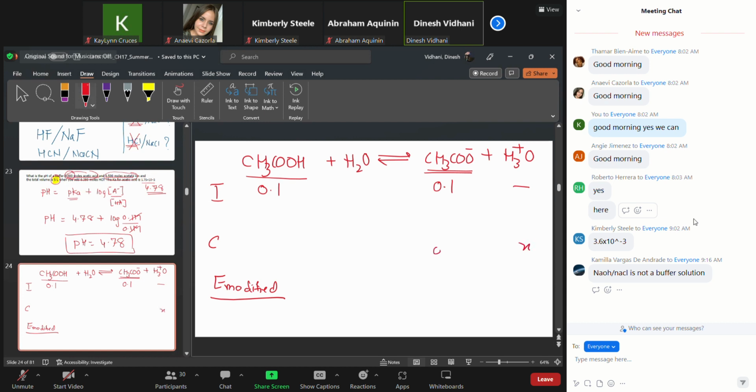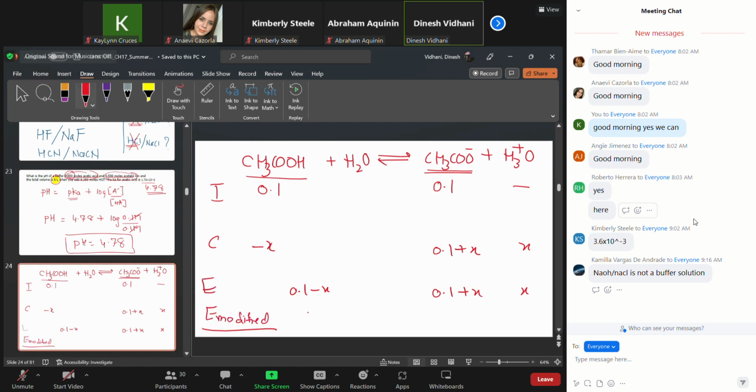If we have X, 0.1 plus X, this is going to be, I will just say, negative X. That's how it's going to be. And for E modified, I'm going to write the same thing here: 0.1 plus X, X, and this is 0.1 minus X. This is the previous equilibrium, and I'm going to add now.